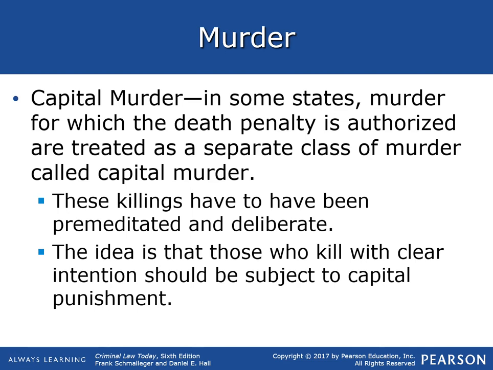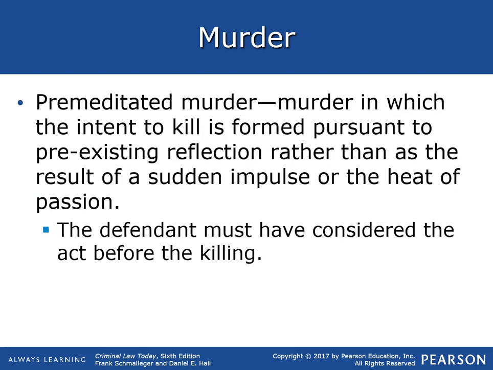And these killings have to have been premeditated and deliberate. So capital murder, by definition, is murder for which the death penalty is authorized by law. Now, continuing on, the idea is that those who kill with clear intention should be subject to capital punishment.